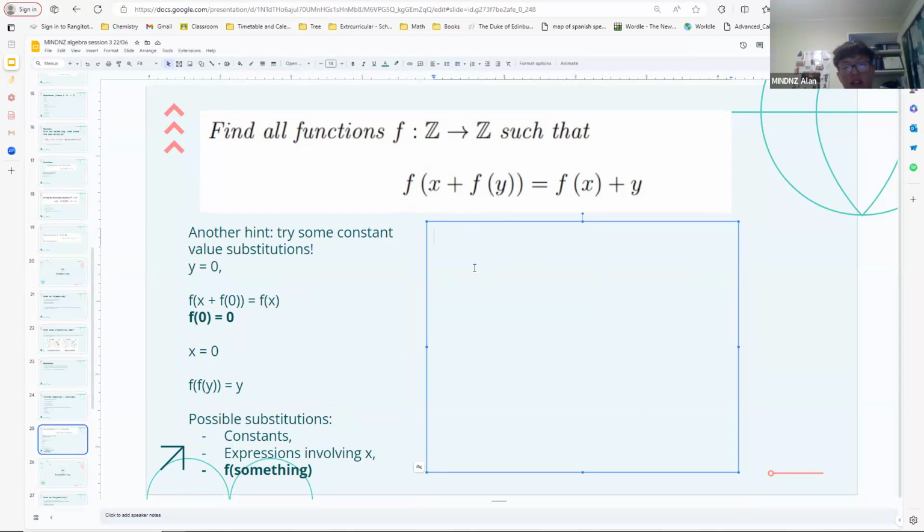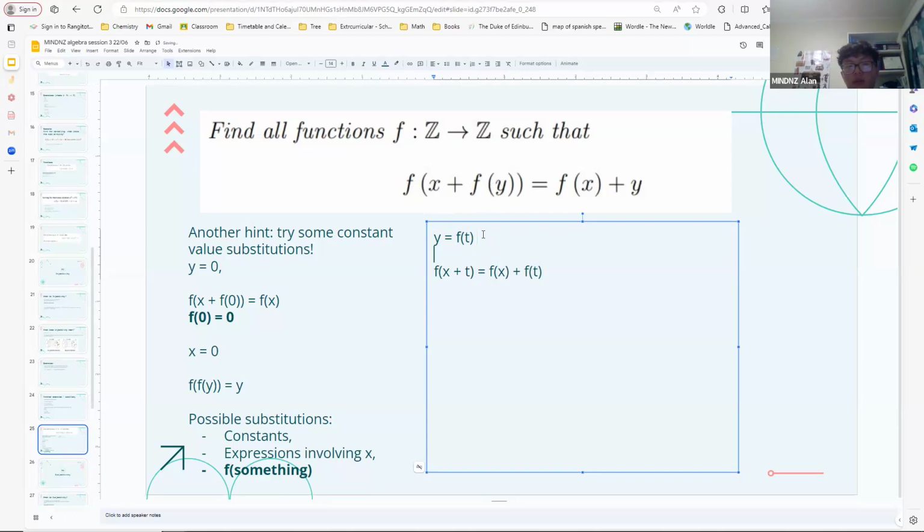Basically, this tells us that if we make this substitution, y equals f of t, we would have f of x plus t equals f of x plus f of t.